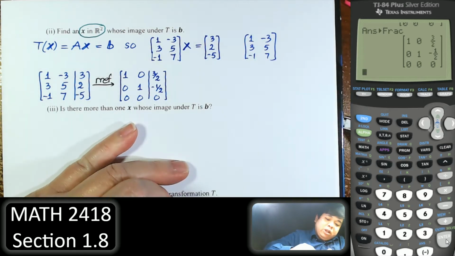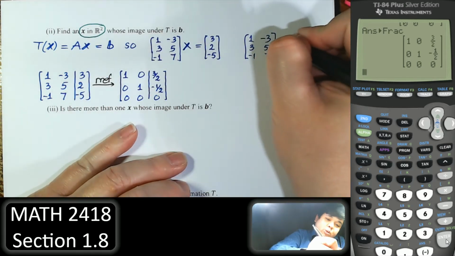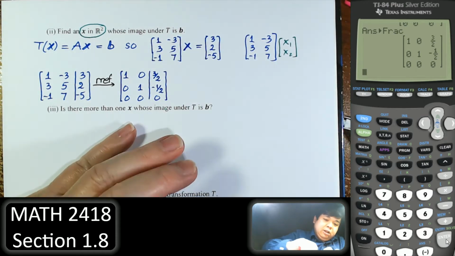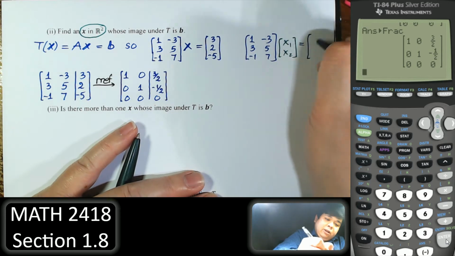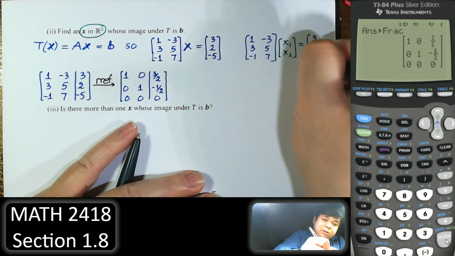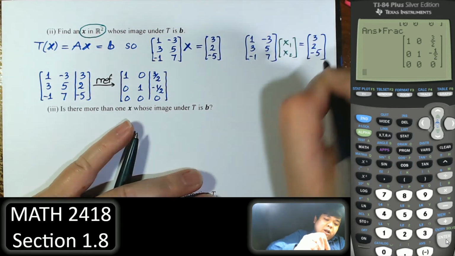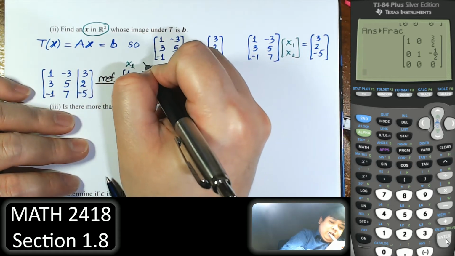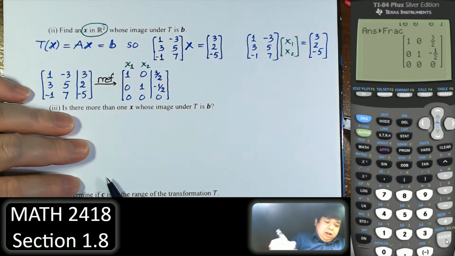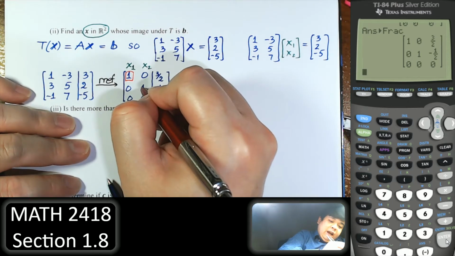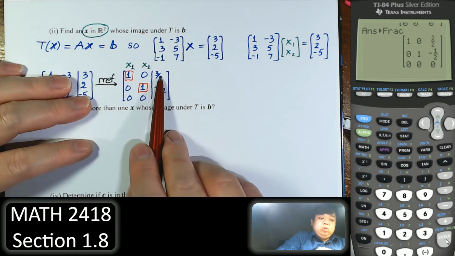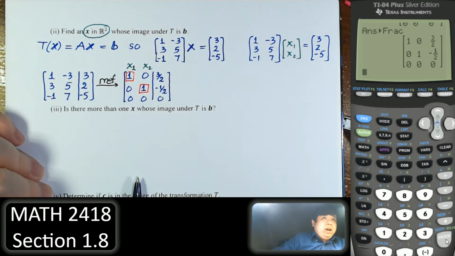X we know it's going to be in R2, so we'll have 2 components, x1 and x2. Both of them have the pivot entry. So with the first equation, x1 equal to 3 half, x2 equal to negative 1 half.